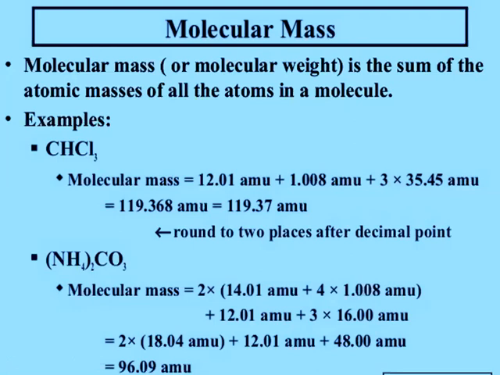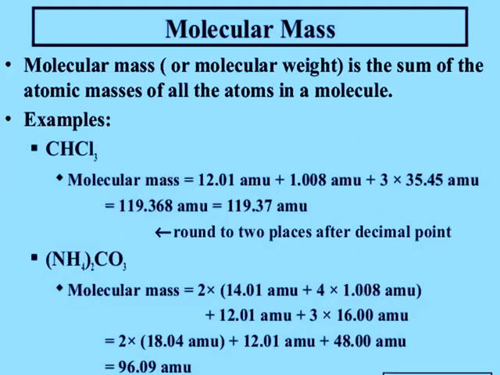ammonium carbonate. Since two nitrogen atoms and eight hydrogen atoms are present, we consider the atomic mass of nitrogen as 14 U or 14.01 AMU, and four times the atomic mass of hydrogen, that is 4 into 1.008, multiplied by 2, plus the atomic mass of one carbon atom present in the compound, 12 U, and 3 times, as 3 atoms of oxygen are present in the compound, 3 into 16 AMU.